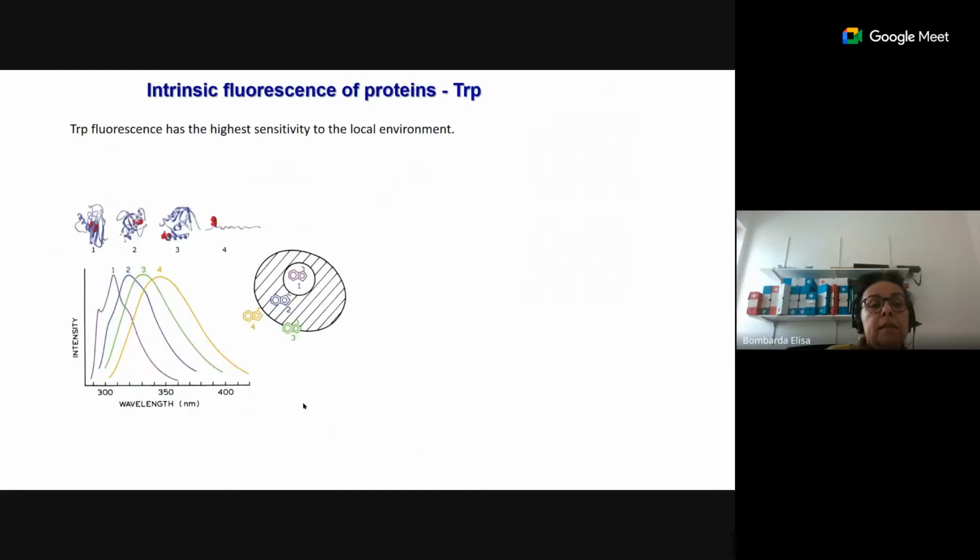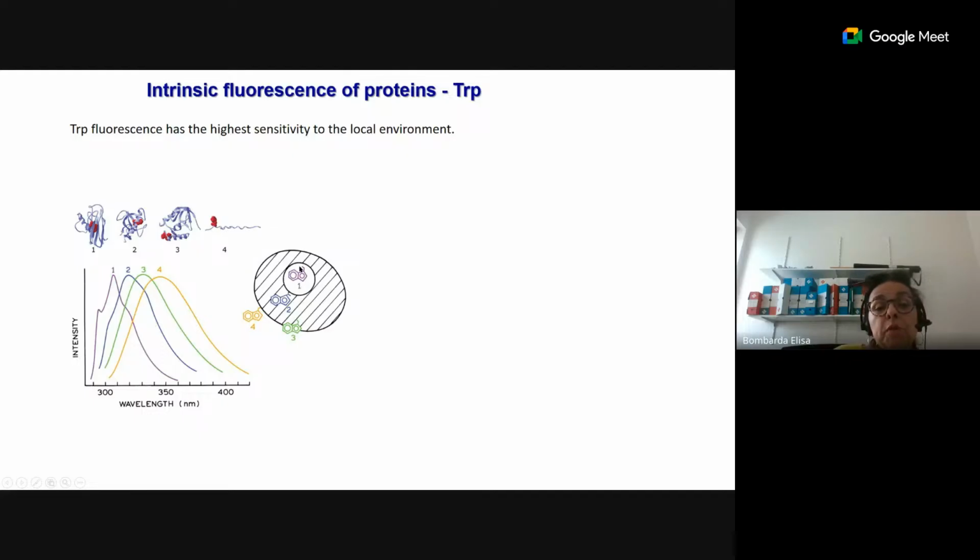So as I said, the tryptophan has the highest sensitivity to the local environment, and in some respects we can also use it as a solvatochromic probe, which is polarity sensitive. That's an example, and the color code helps to read the picture.